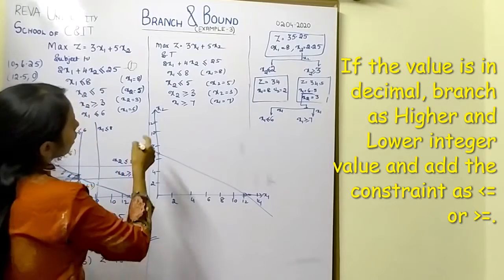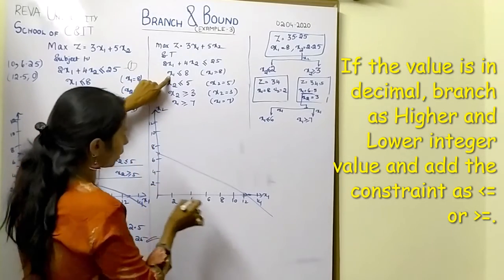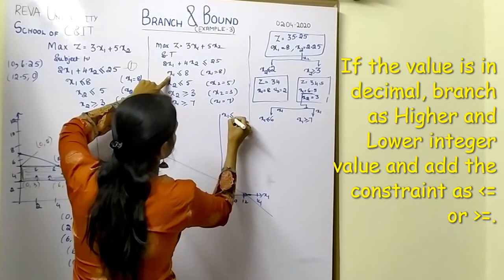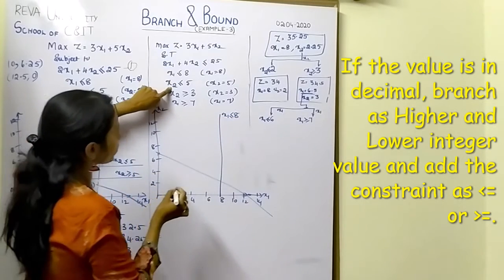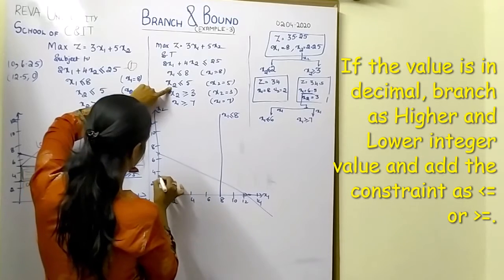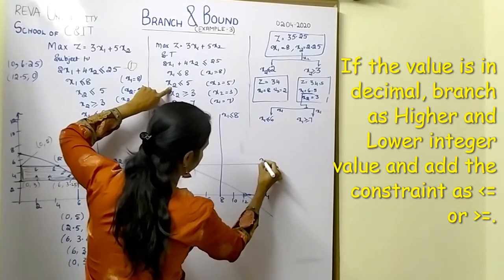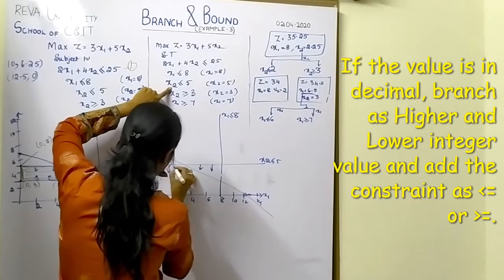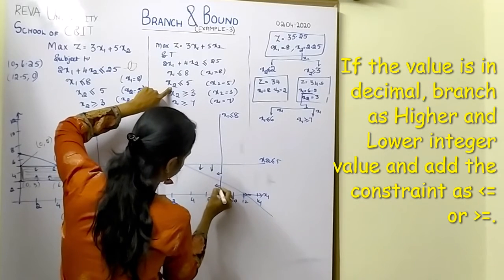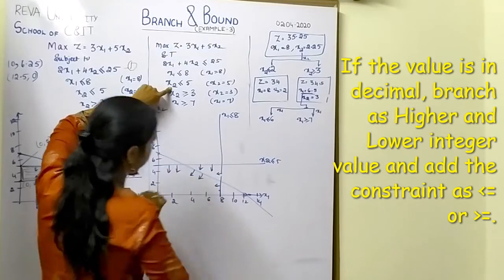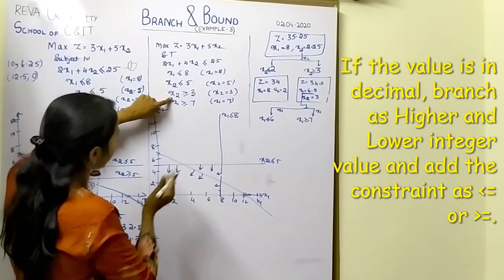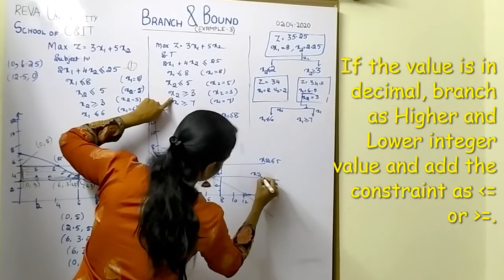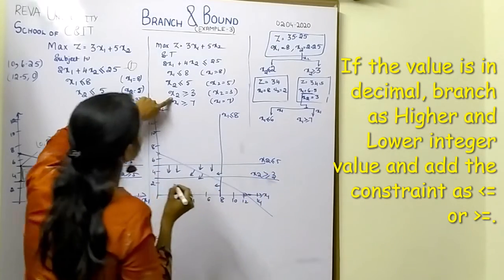Now we'll solve this equation also. Here x1 is equal to 8, x1 is less than or equal to 8. x2 is less than or equal to 5, so the arrow will be like this, within this. x2 is greater than or equal to 3.